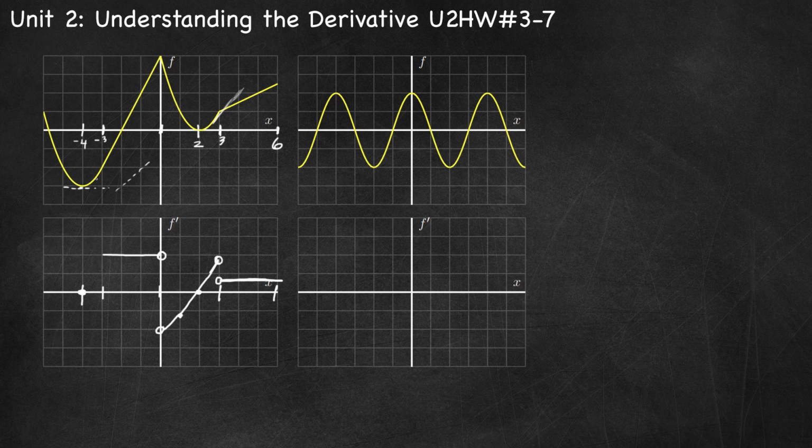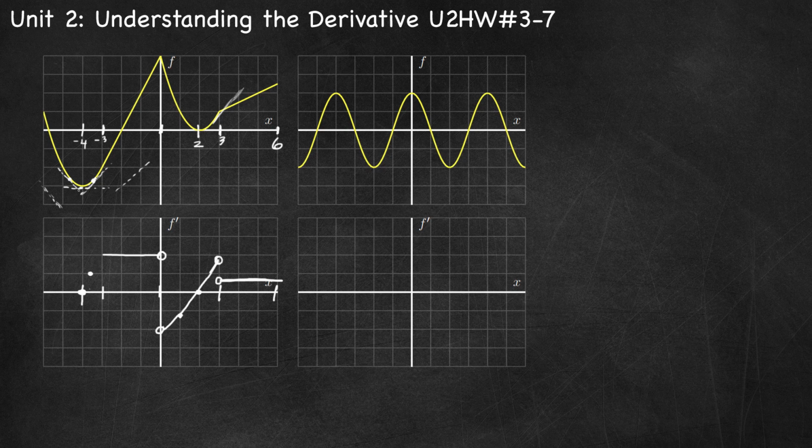If I'm imagining drawing a tangent, maybe right about there, the tangent line looks like maybe it has a slope of 1. That might be a little bit steeper than 1, so we move it down just a little bit like here. And then slope of -1, that would be coming in at this angle about right there. So if I move that onto the graph, I'm thinking maybe about right there.